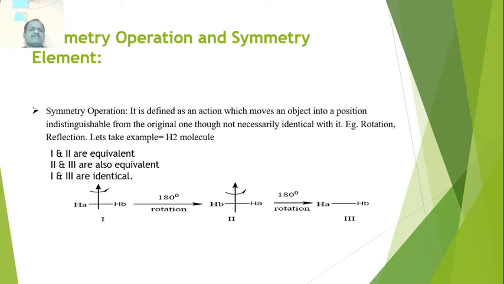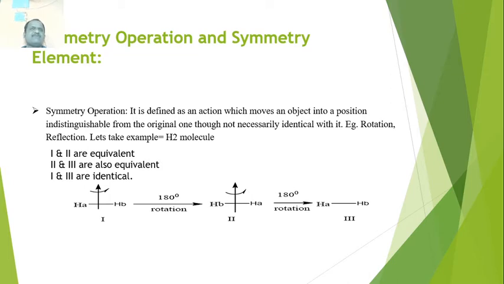We will discuss symmetry operation first. The word itself suggests that operation is nothing but an action. When you do any action which moves an object into a position indistinguishable from the original one, though not necessarily identical with it, that is called a symmetry operation.